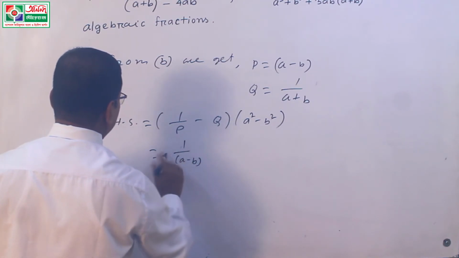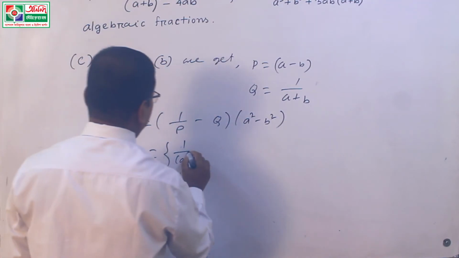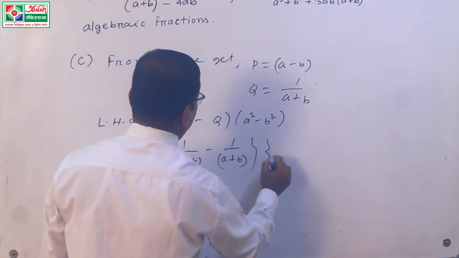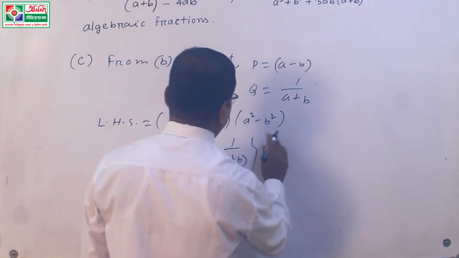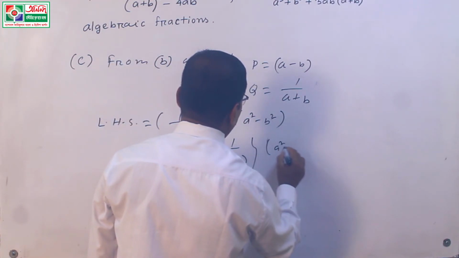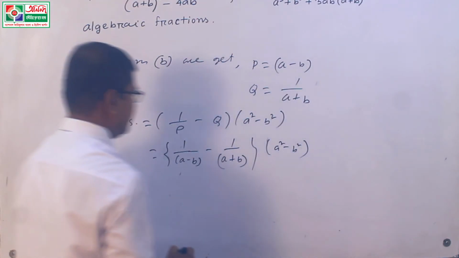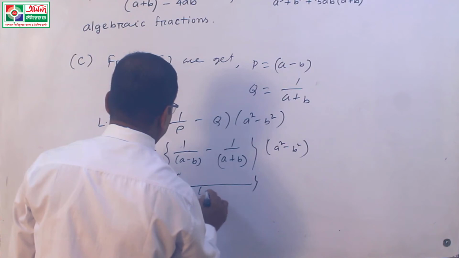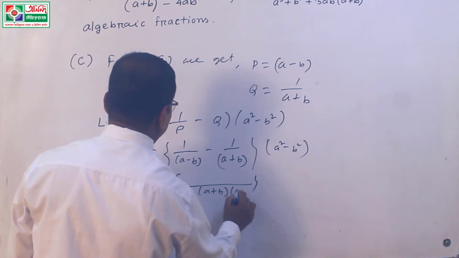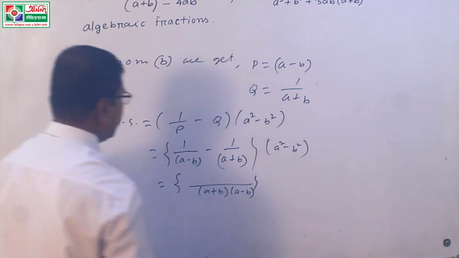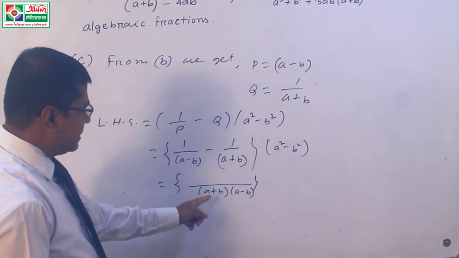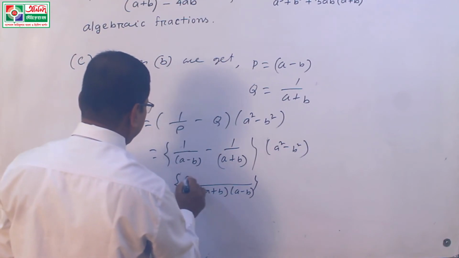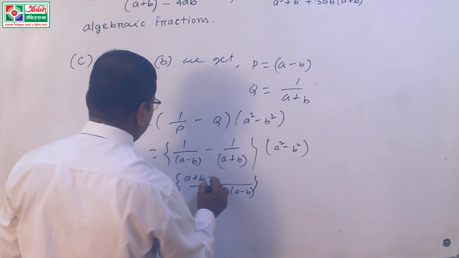You can use the second bracket here, minus q is 1 by a plus b, and here you can write a square minus b square. Here you can do the LCM. A plus b into a minus b is the LCM. If we divide the LCM by a minus b, you can get a plus b, and then you can write here a plus b minus.